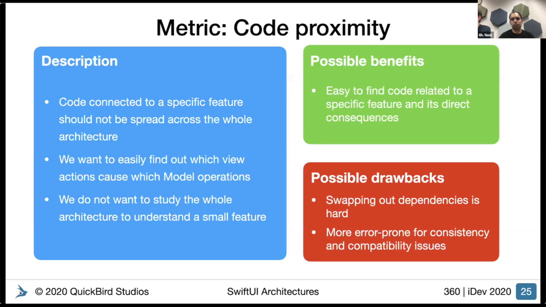So you don't have that abstraction. And it's more error prone for consistency and compatibility issues, which is essentially a similar thing. So in case you discover a bug in one of those cases, then you can't change it for all of the cases, but instead you need to figure out where similar code is written as well and change that as well.